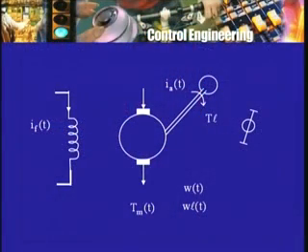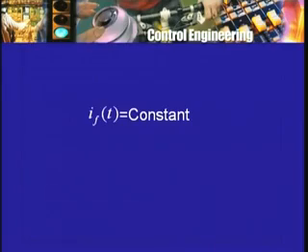So although I have shown it here as a function of time, IF as a function of time, in this particular application it will happen that IF is actually a constant, maybe 2 amperes or 5 amperes or whatever, and hopefully the field current will remain constant at that value. We may not make any provision for changing the value of the field current, or for making sure that the field current remains constant at that value.